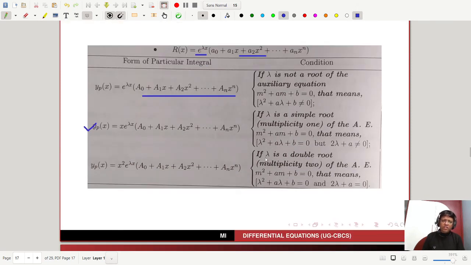And if lambda is a double root of the auxiliary equation, then yp is x squared times the first one, that is another x is multiplied, so you have x squared e to the power lambda x times the polynomial. So these are the cases, and this is the table for your better understanding when Rx is a product of exponential and the polynomials.